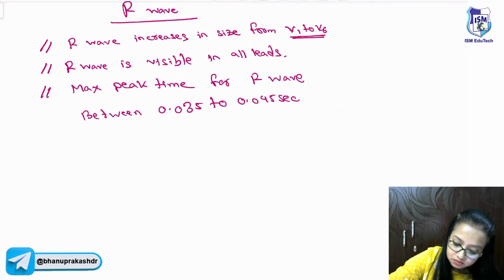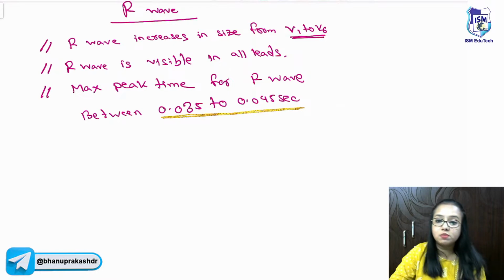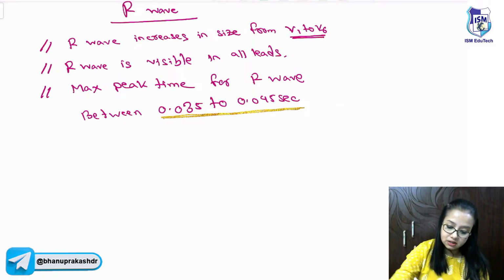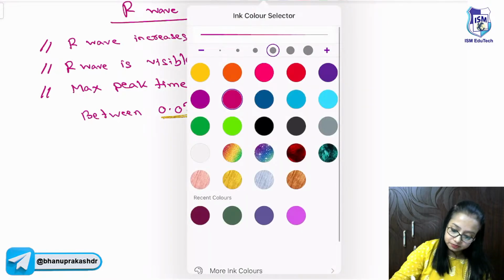This is the time where the R wave is maximum in a normal individual. That is the peak of the R wave.